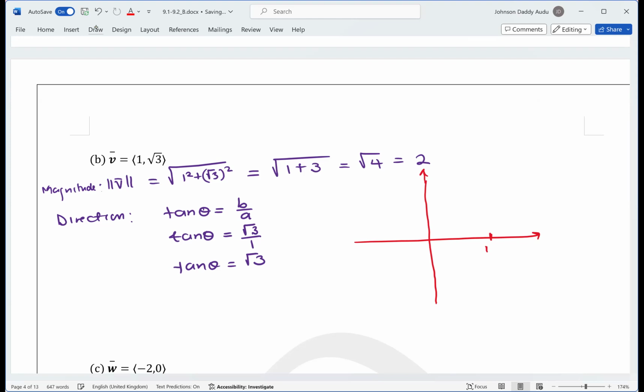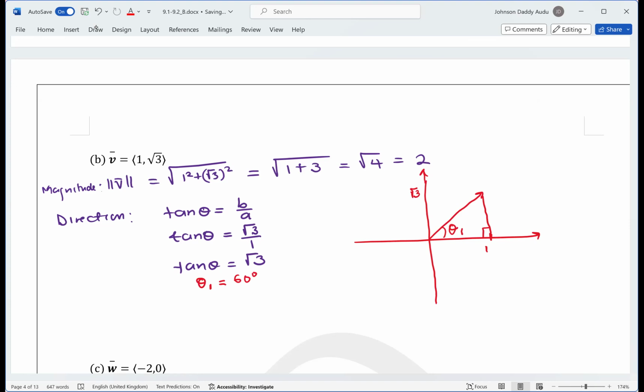So here is 1, and here is root of 3, because this is in the first quadrant. Now if we're in the first quadrant, you see that the reference and the angle in standard position will be the same. So here you can find your reference, which is going to be 60, right? This is 60 degrees, surely.